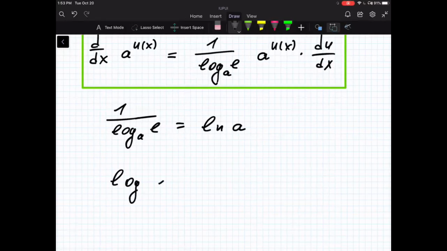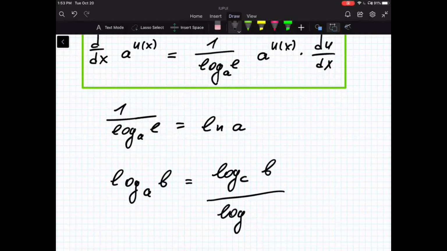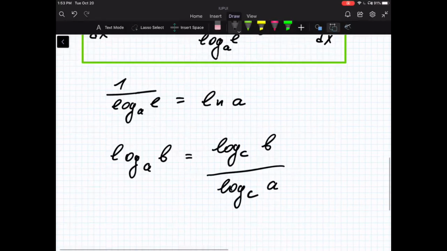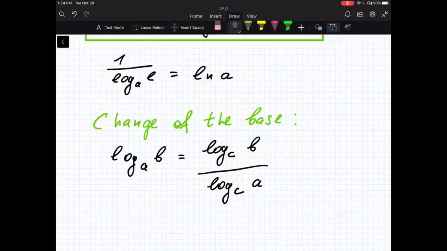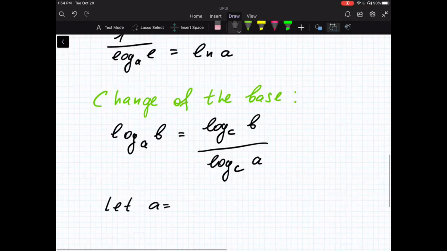Logarithm of b with base a is equal to logarithm with some base c of b divided by logarithm of a with base c, for any a, b, c such that all these logarithms exist. And so let's apply this formula with a equals a, b equals e, and c equals e as well.